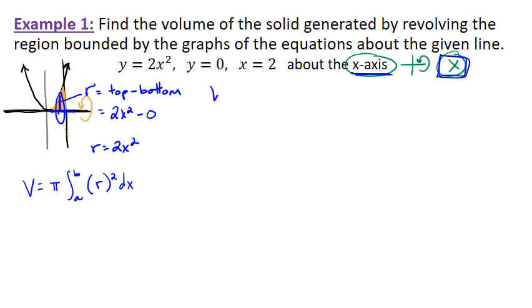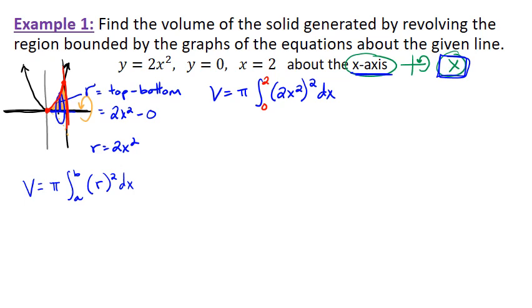So plugging this in, I find that I'm going to integrate the radius, which is 2x squared, squared, dx. Now the only thing that I'm missing here are my limits of integration. Well, we can see that our shape ranges between an x value of 0 to an x value of 2.